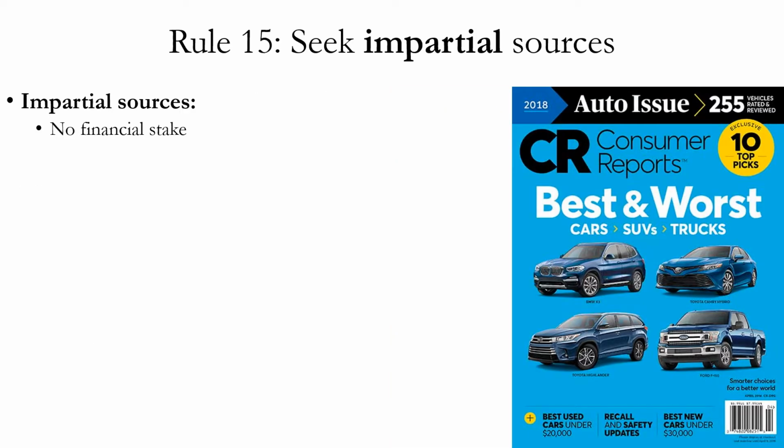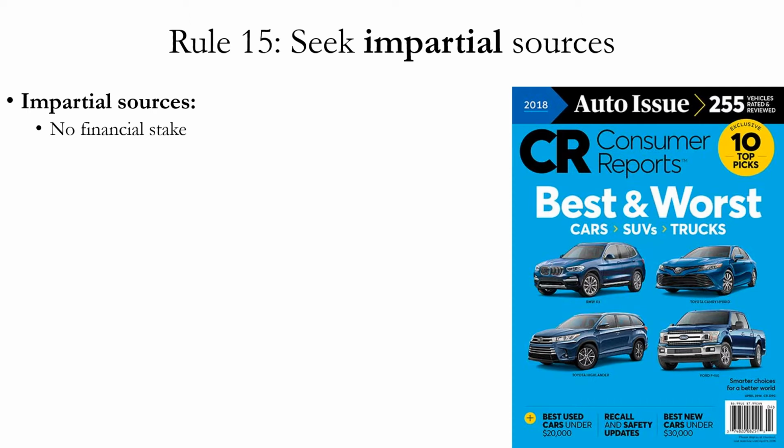So Rule 15 says to seek out impartial sources. We're going to go through some of the criteria for impartiality, or some of the types of sources that often count as impartial. One reason why a source can be regarded as impartial is if it does not have a financial stake in the outcome, in the information they're providing.